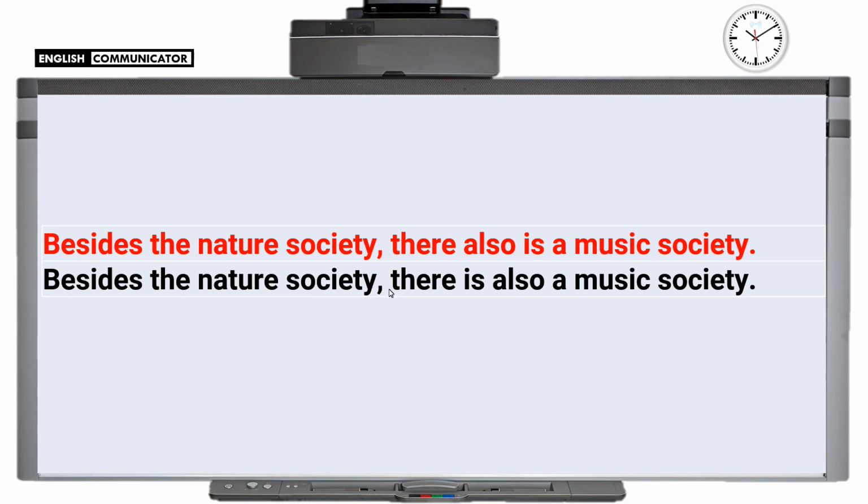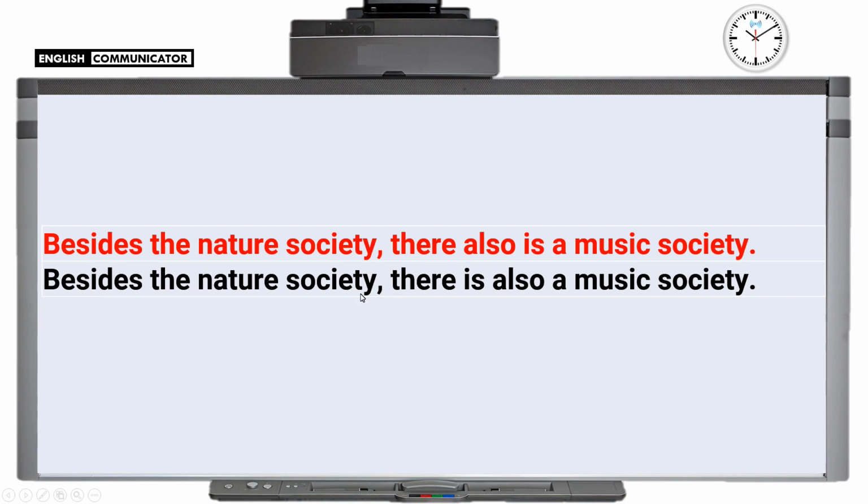Beside the nature society, there is a music society. And what's wrong? Besides the nature society, there is also a music society. Again, there is a mistake in the combination. You should not say there also is a music society.